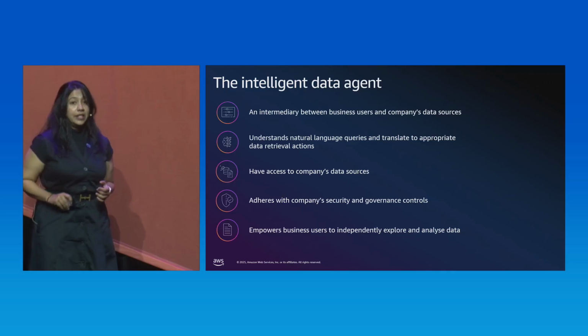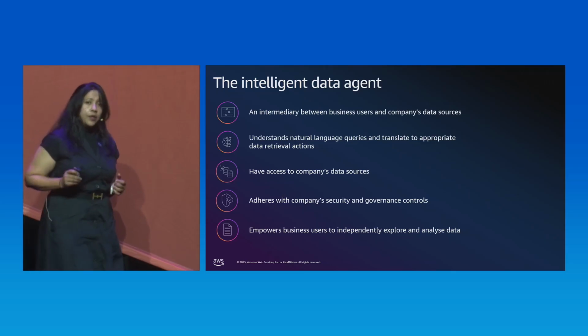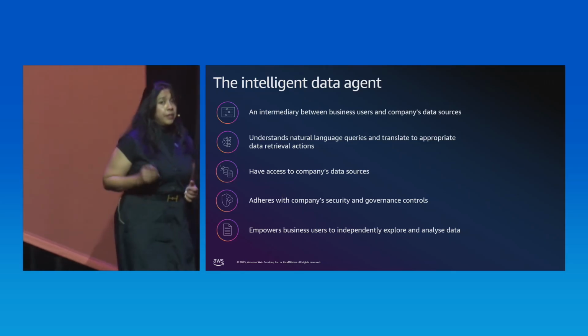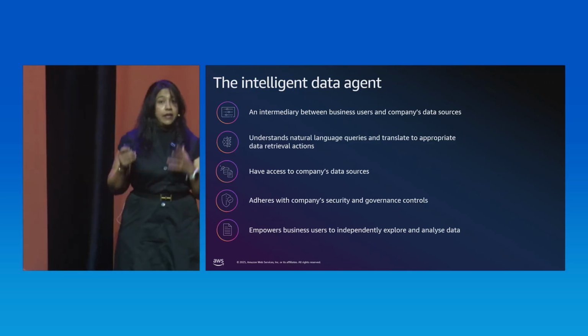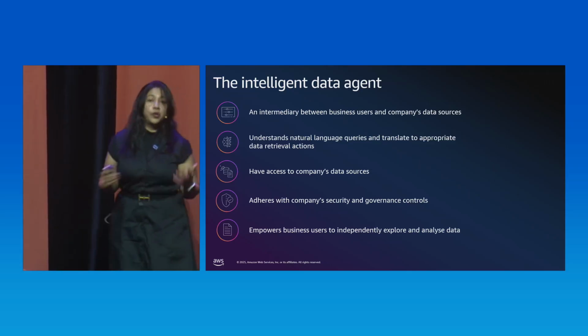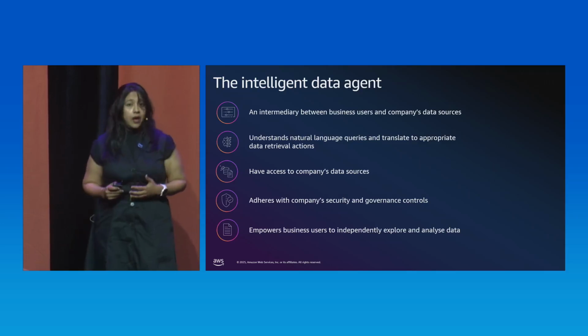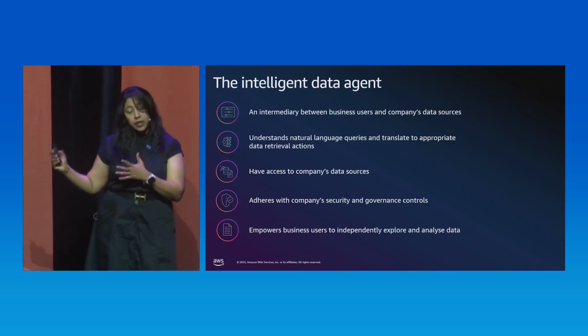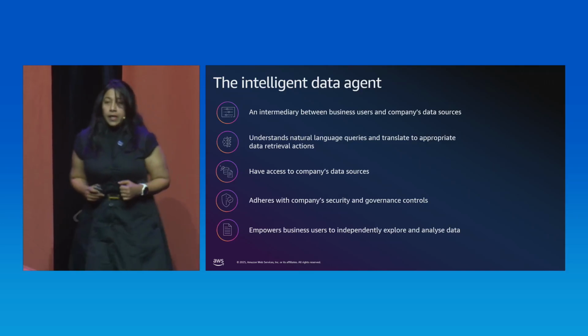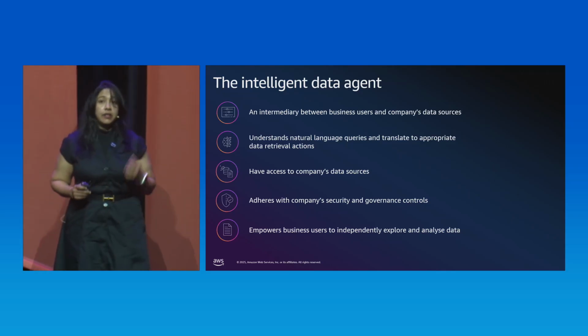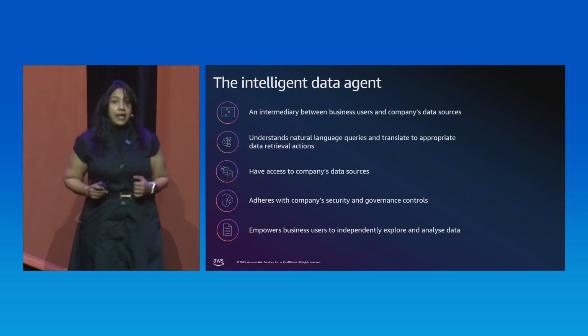So who is this intelligent data agent? You can think of it as an intermediary between the business and the enterprise data store. Here, when I say enterprise data store, it could be your data warehouse, data lake, any of that data. Now, this agent can understand natural language.